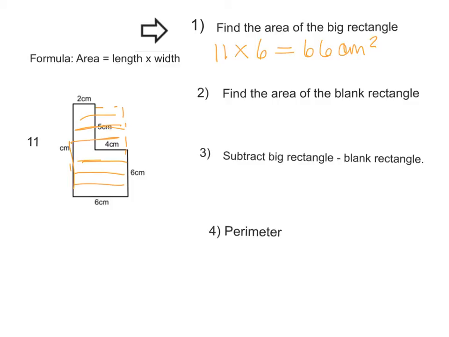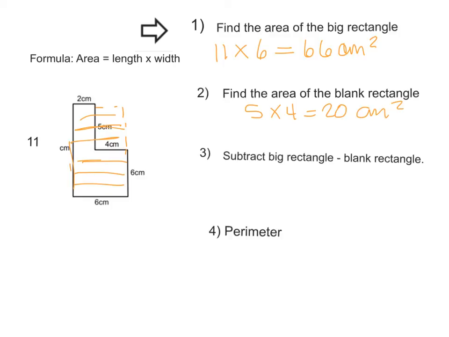Now, the area of the blank space, I need to take it away. So, I need to erase this space. I need to take away 5 times 4 from the big area that we took, which was 66, because this is not part of our final rectangle. So the area of that space is 5 times 4 centimeters square.